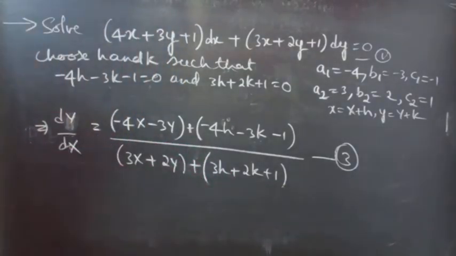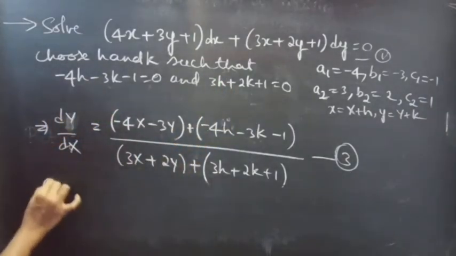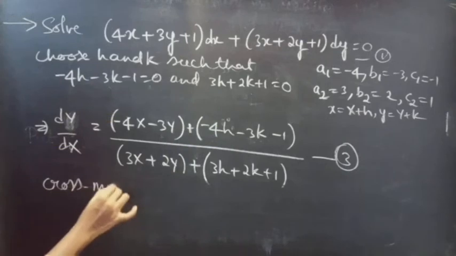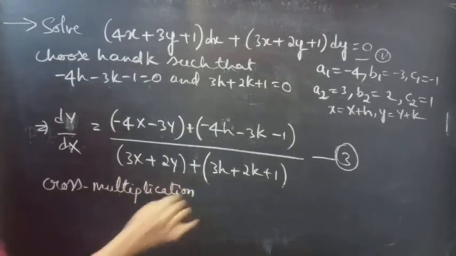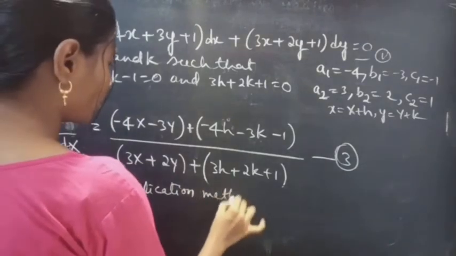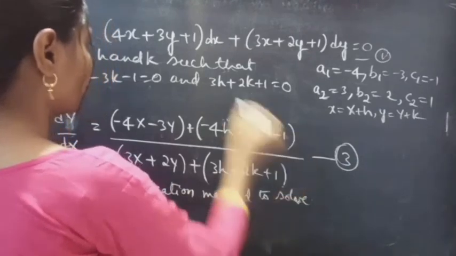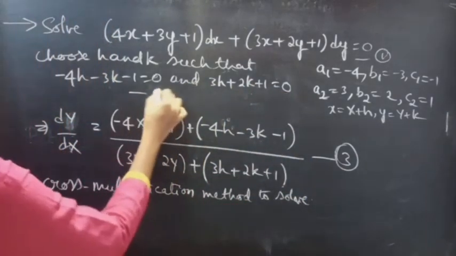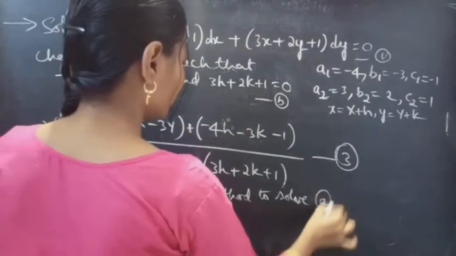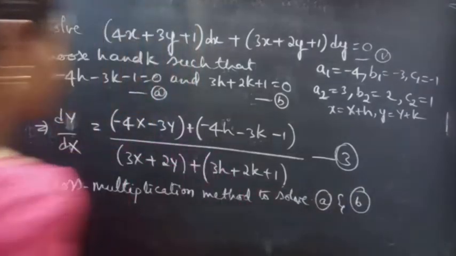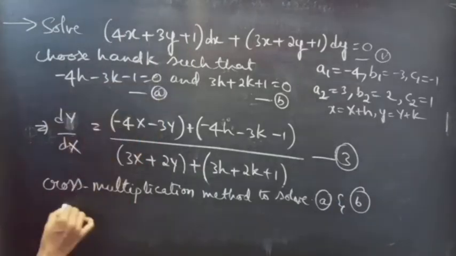So we use the cross multiplication method to solve for h and k. Cross multiplication method to solve these two equations. We can name this equation A and this equation B. Fine. Consider the two equations.